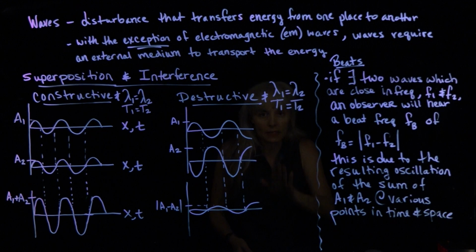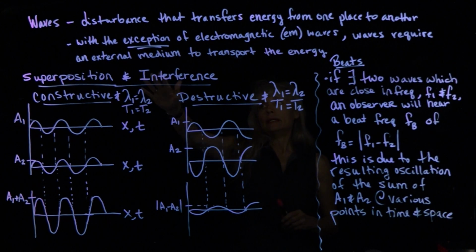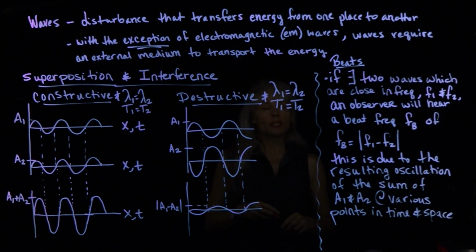The medium just simply is oscillating up and down. The energy is what is transported from one point to another. In addition, with the exception of the electromagnetic wave, which gets the symbol EM, waves require an external medium to transport energy from one location to another.